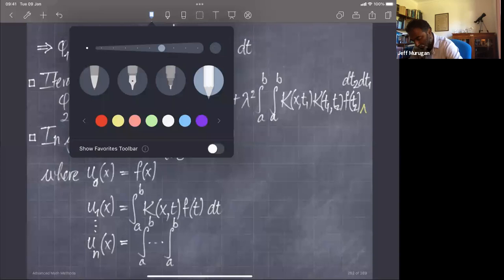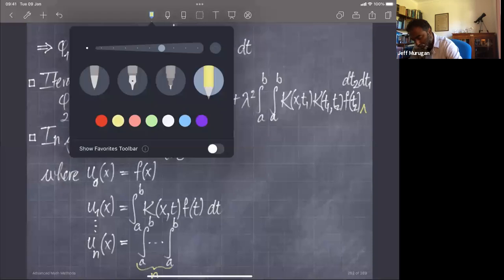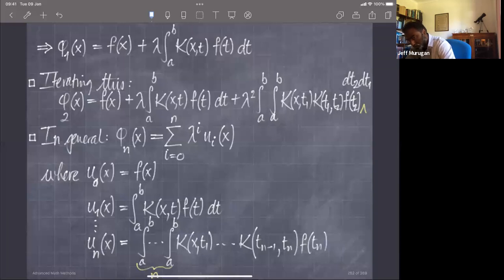So there are n such integrals sitting in this expression, and n products of the kernel all the way through to t n minus 1, t n, f of t n, dt n through dt 1. All right.